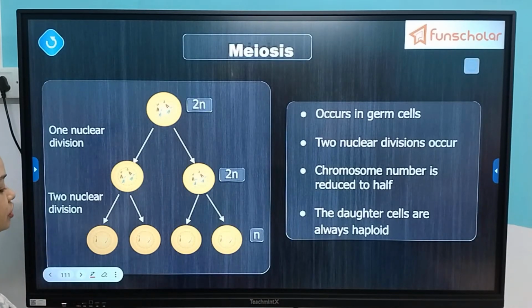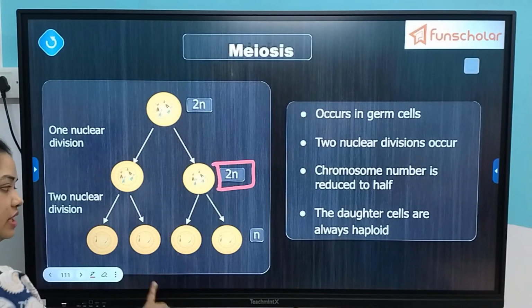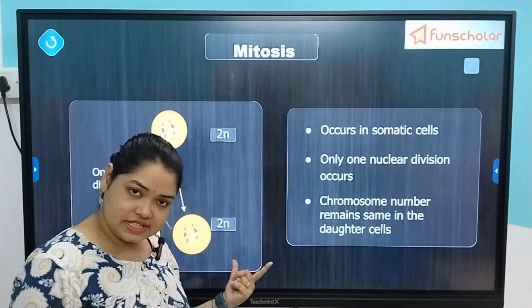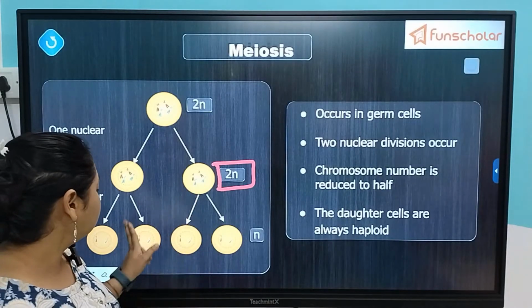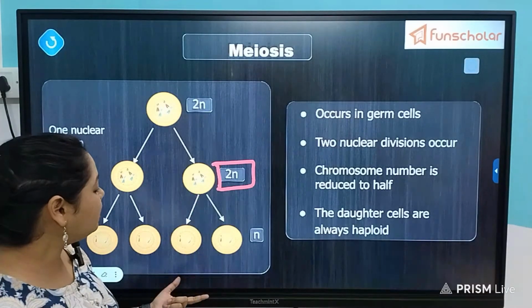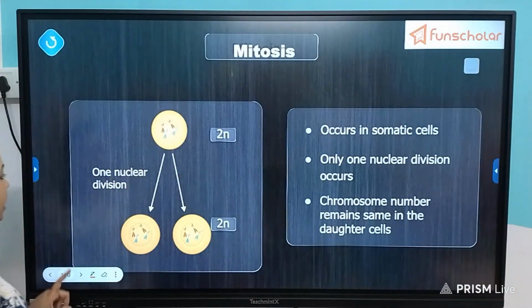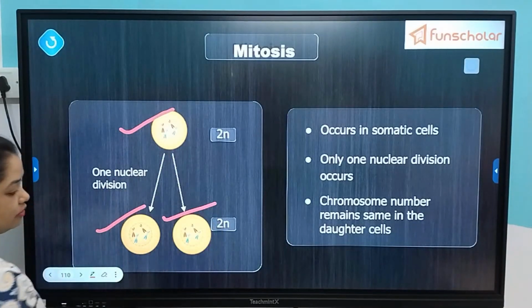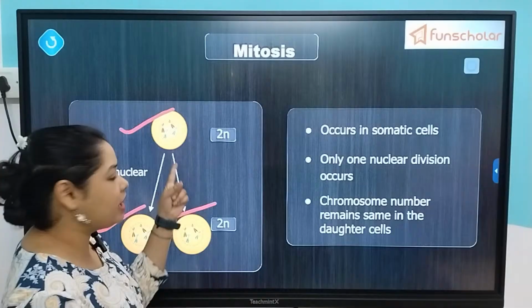And what happens in the case of meiosis? In mitosis, from the diploid stage, that is 2N, we get two cells only, and each cell has the diploid state only. On the other hand, in meiosis, the cells that are formed have the haploid state, that means N. So if we look at the diagram, from one cell two daughter cells will be formed, which will be of diploid state only in the case of mitosis.